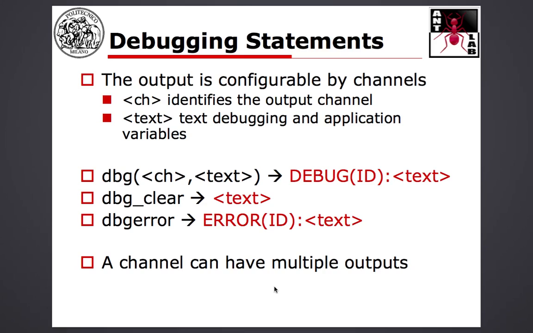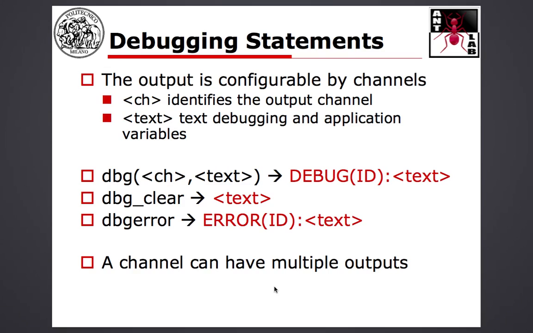So you may have one debug channel just for the radio stack, and one debug channel just for the processing functionalities, so that if you spot an error in one of the two blocks, you can just focus on the debug statements which were written on the proper channel. Okay? So this is generally done for simplifying the life of a debugger. Of course, you can also decide to put everything on a single channel, and then it's up to you to understand where the problem actually was.